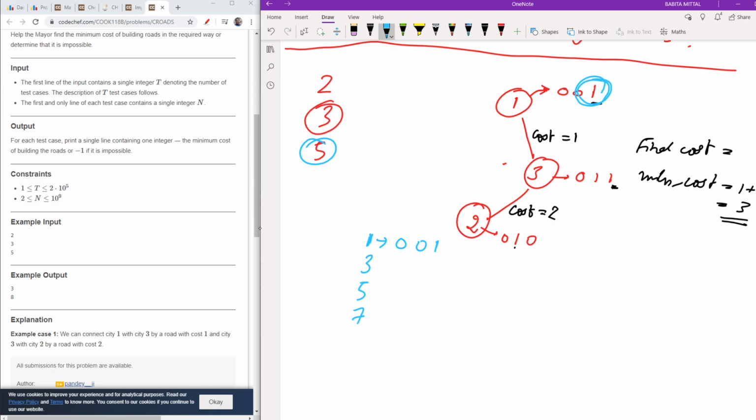You will say, why? Because they will be represented as 0 1 1, 1 0 1, and 1 1 1. So I will AND 1 with 3, 1 with 5, and 1 with 7, and after ANDing only one will remain.